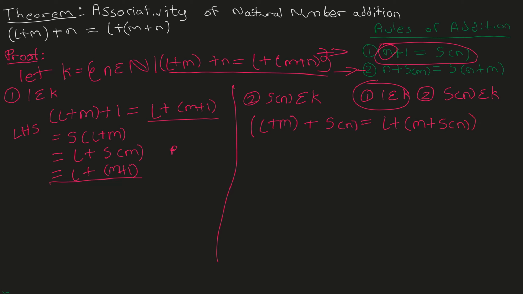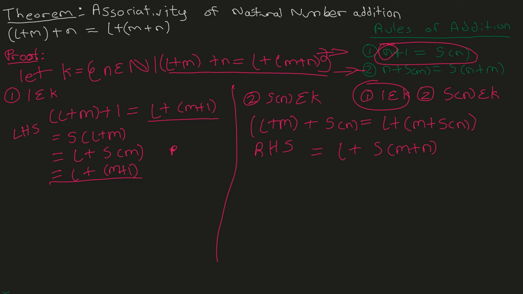Just like the previous part, we have to make one side look like the other side. You can choose any side you want and show it to be equal to the other side. I'm going to start with the right hand side and try to show that it's equal to the left hand side. This is the same as writing L + S(M + N).